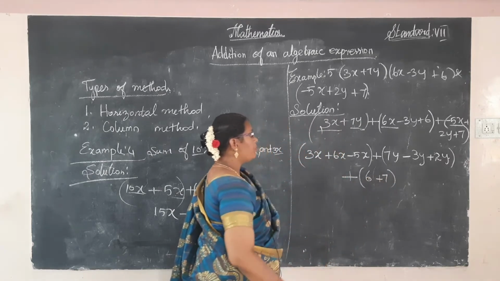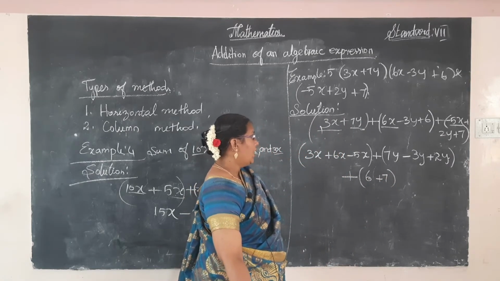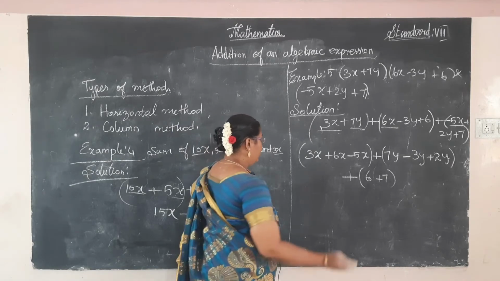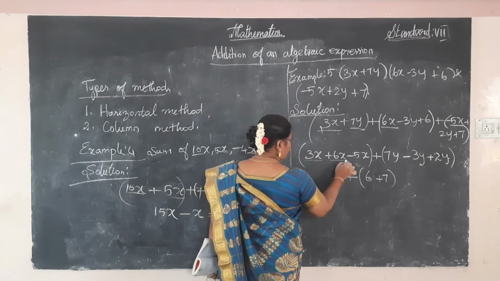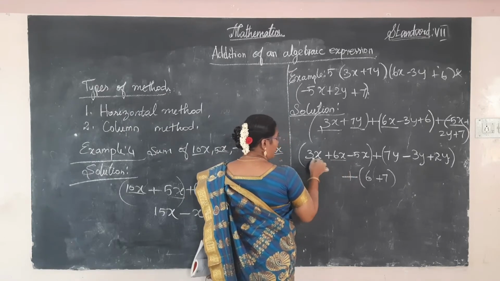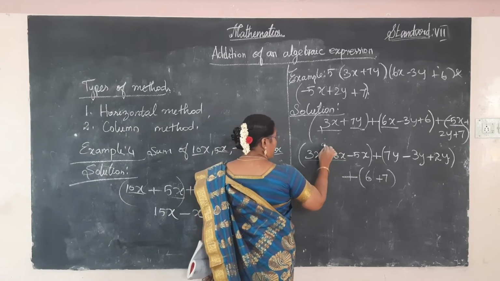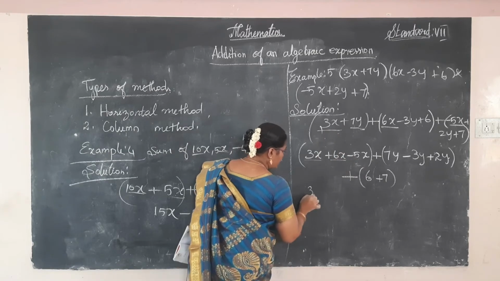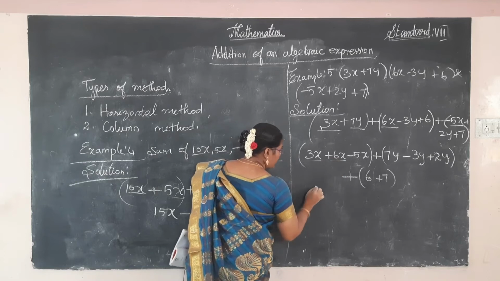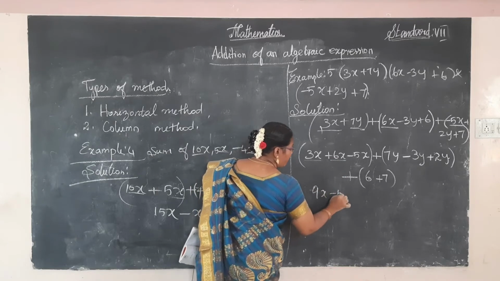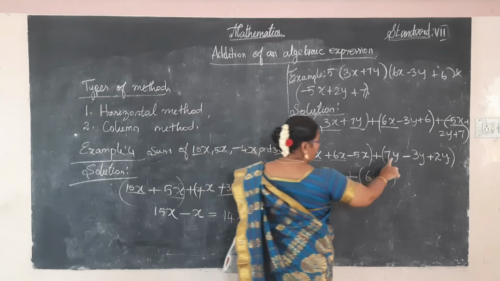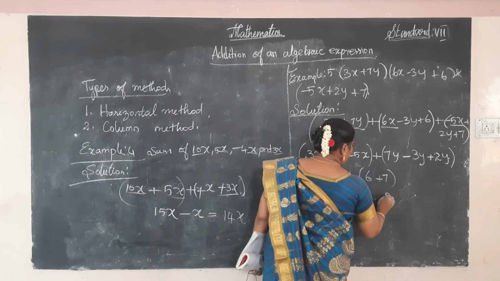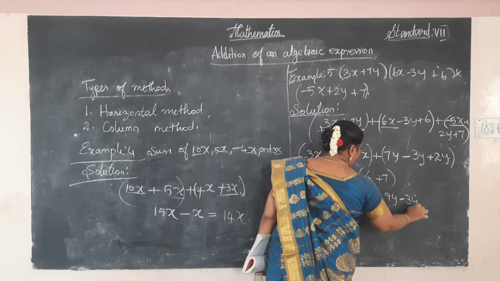That's it. Now simplify. We have arranged the like terms in the horizontal line. Now calculate. 3x plus 6x: 3 plus 6, 9x. Then 9x minus 5x, different signs. If you need, you can write one more step. Add the same signs first: 7y plus 2y is 9y, minus 3y.